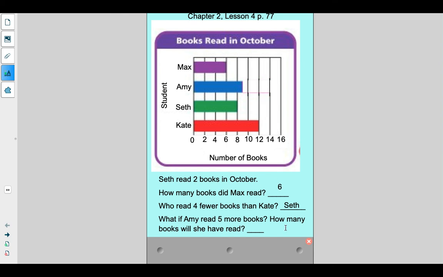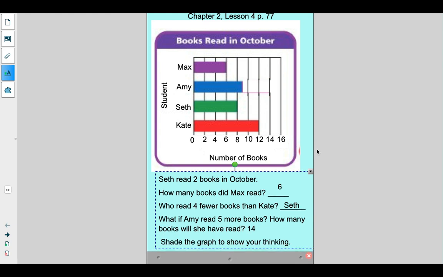The answer to that would be 14. So Amy has read 9 books so far, but if she adds 5 more in there, she will have read 14 books. Now, the next part is asking us to shade the graph to show our thinking.